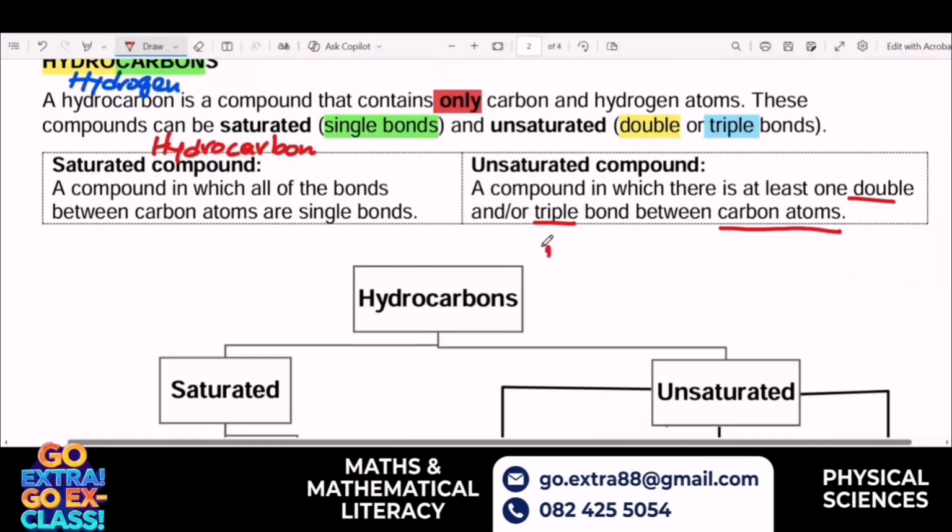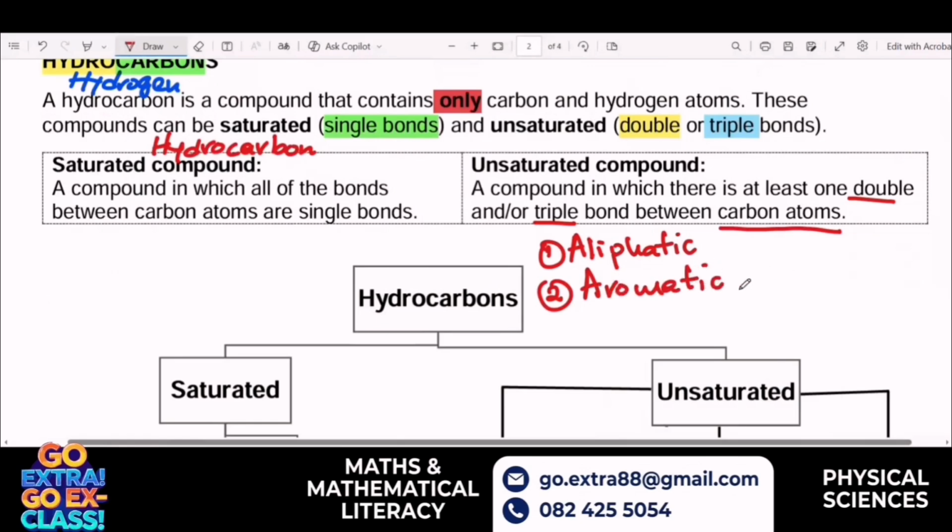The first group of hydrocarbons is called aliphatic. Don't worry much about this. I'm just giving that information, but we won't be asked for any explanation about it, though it might be useful later on. The next group of hydrocarbons is called aromatic.